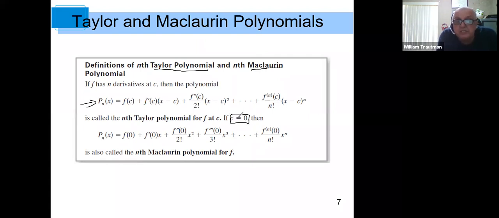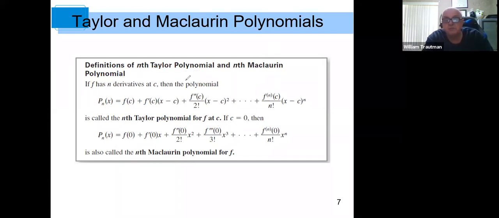But if we're not using C equals 0, if we're using C anything else, it's a Taylor. But Maclaurin is when C equals 0. All the C's will equal 0. So it's the same thing as a Taylor, except C equals 0.